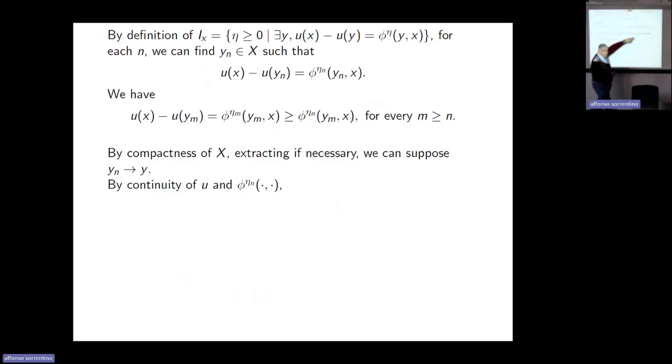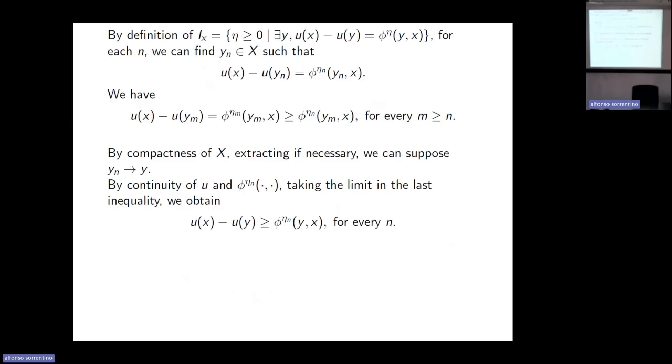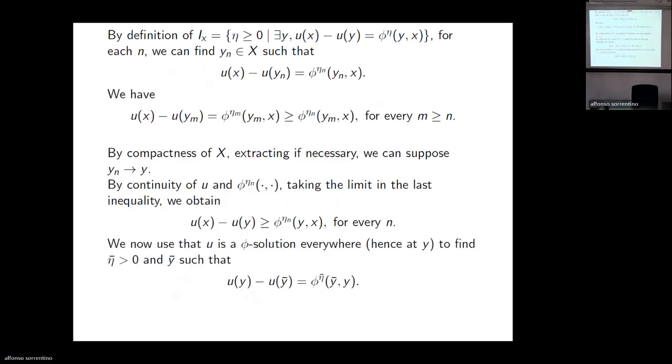This inequality now, I know what it tends to. I get ux minus uy is larger than phi eta n yx for every n. Okay? I fix n, and I let m go to infinity, I get that. So in fact, I have equality, but I'll use it later.